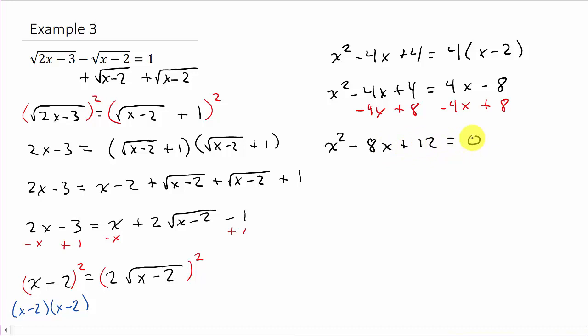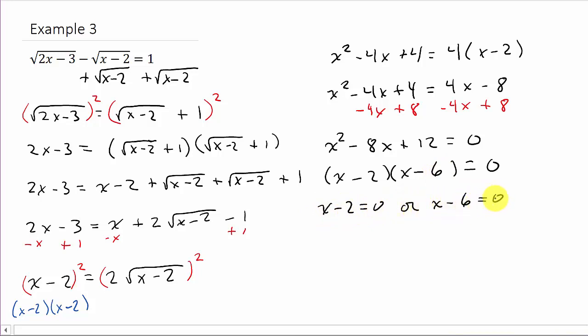Alright. So now let's see. Hopefully this thing factors. Let's see. X minus 2, x minus 6. Alright. So I've got x minus 2 equals 0, or x minus 6 equals 0. Add 2 to both sides, I get x equals 2. Add 6 to both sides, I get x equals 6.